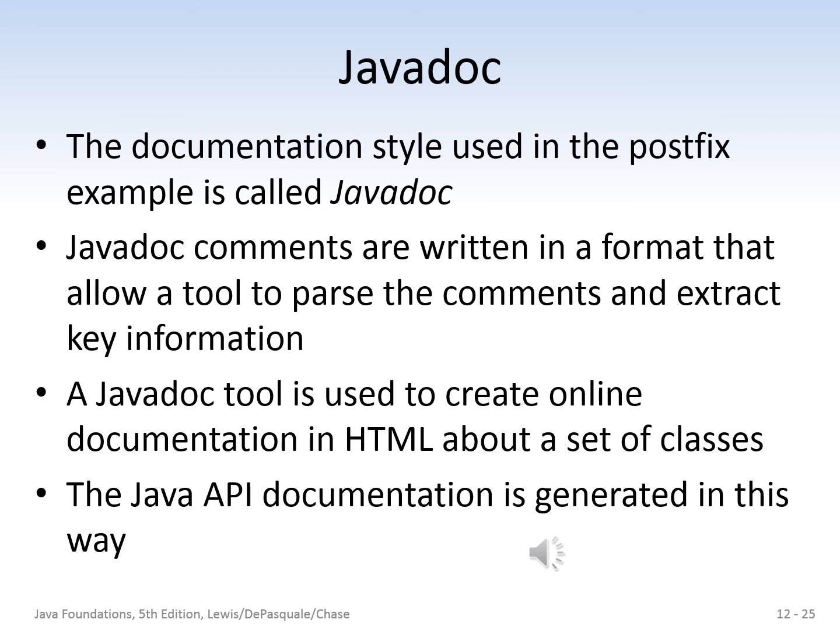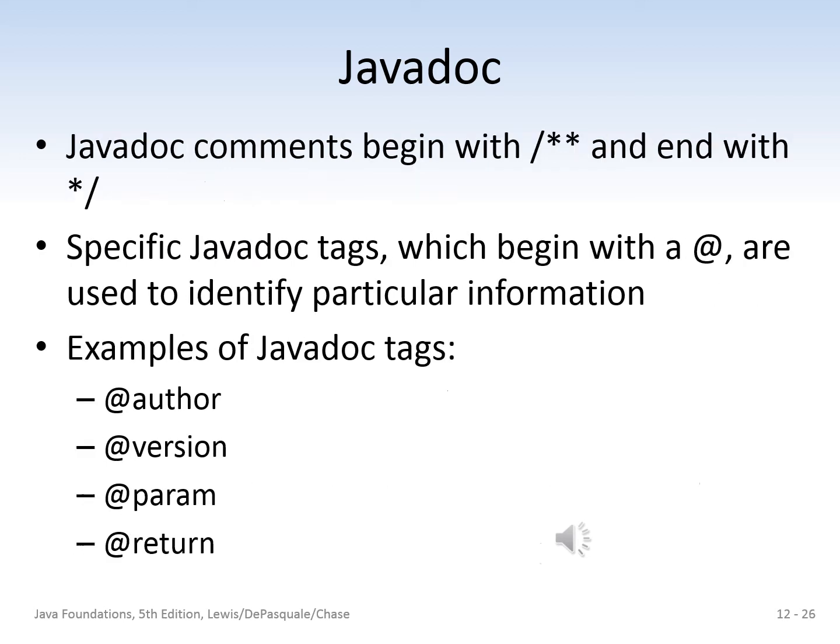All of the documentation in the Java API is generated this way. Next, we're going to go over the differences between a regular comment in a Java program and a JavaDoc comment.